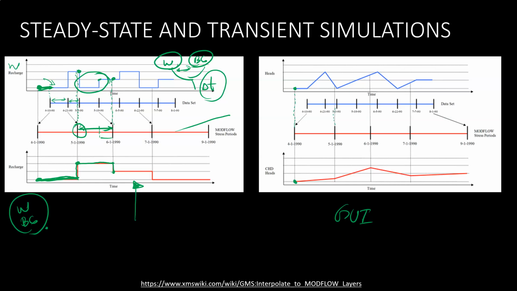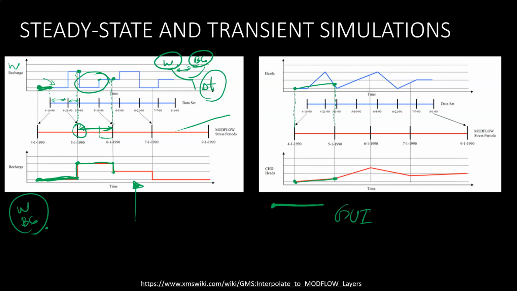At the beginning of the next stress period, it goes and reads, but now it linearly interpolates and creates values within the stress period. So in other words, in this system, the value of the W or boundary condition is not constant within the stress periods, but it linearly changes.